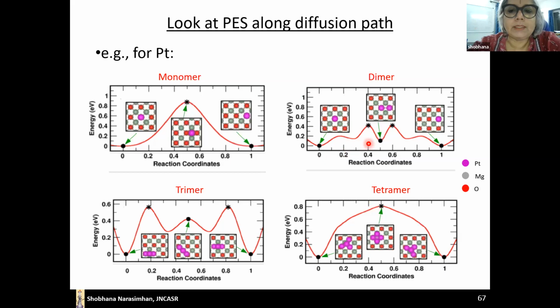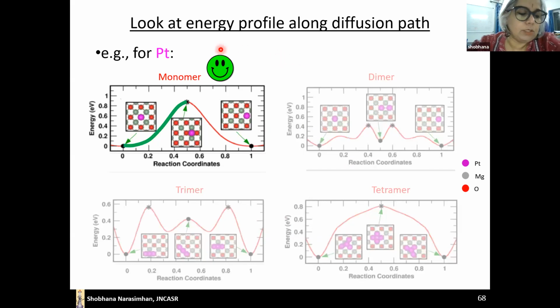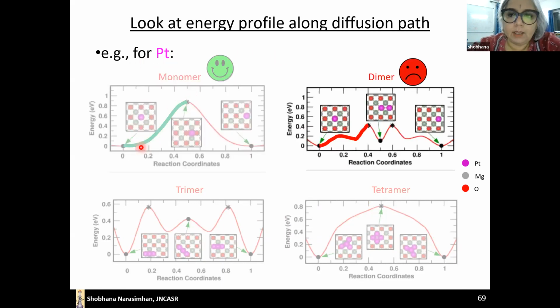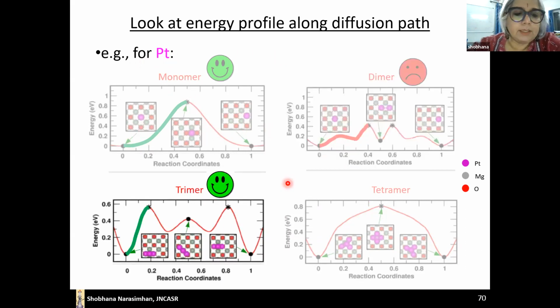This is the monomer, the dimer, the trimer, the tetramer for platinum. And if you look at them, you see that for the monomer, this is the minimum, this is the transition state, and it looks roughly parabolic. For the dimer, it is not parabolic because you have this additional minimum in between. For the trimer, it's parabolic.